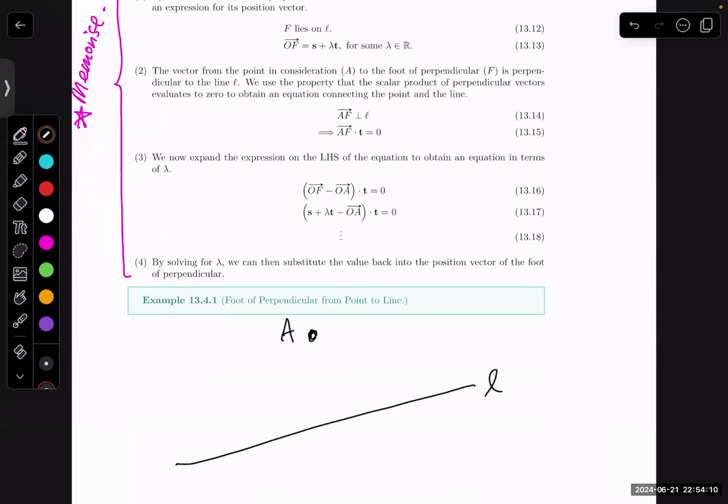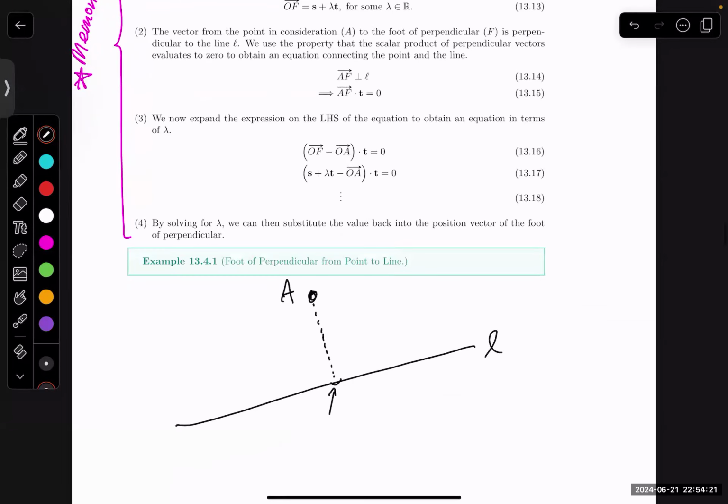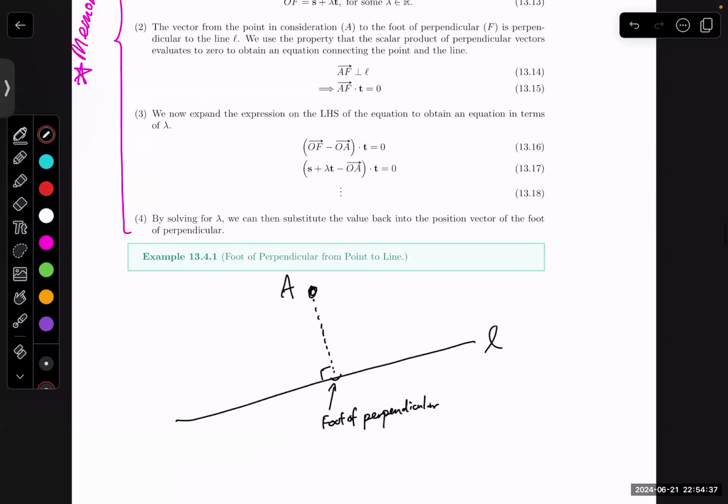The rock is going to fall straight down and cause a dent. The location of this dent is called the foot of perpendicular. Why is it so? Because this point falls straight down, perpendicular to the ground, and the foot is just where it lands, the dent.